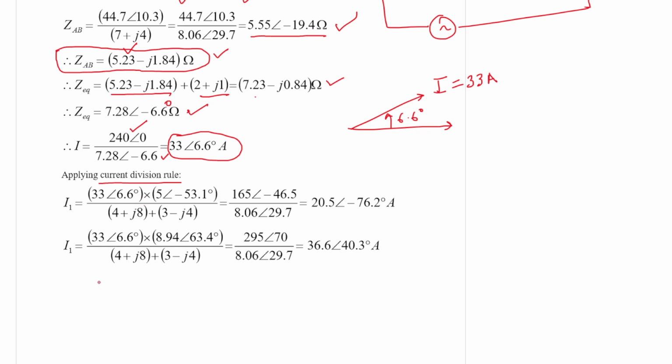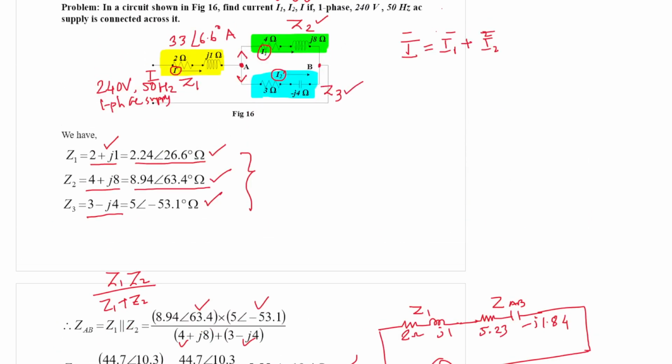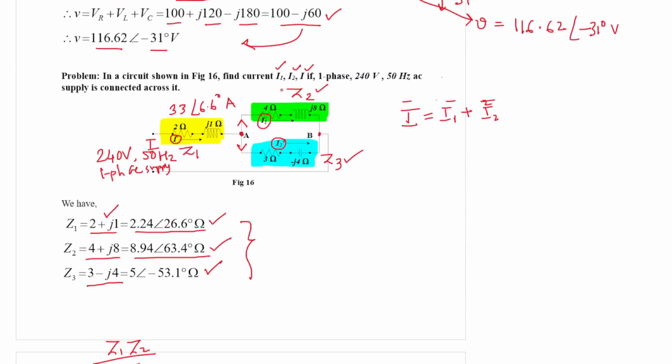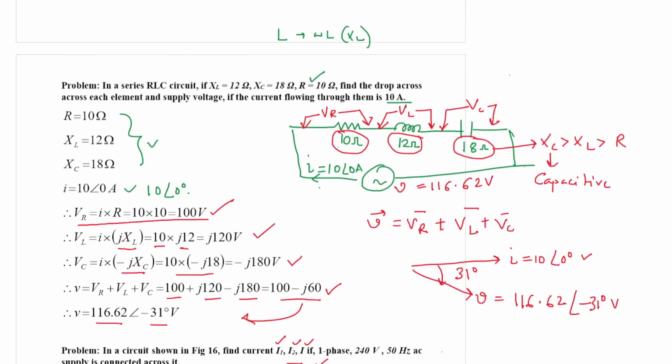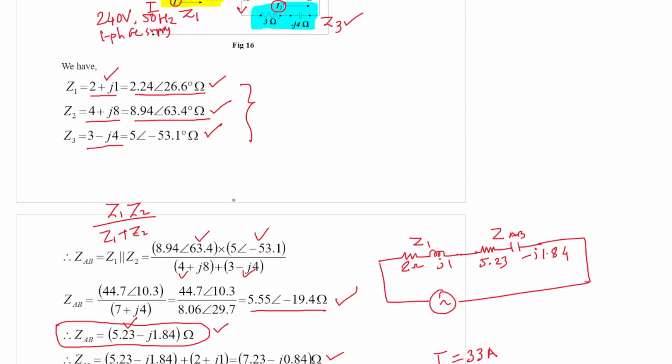So what is the rule? You see we are evaluating I1, so let us see the formula. In the numerator it is the 33 ampere, that is the total current, into the impedance of the other branch. That means I1 is flowing through Z2, so in the numerator I must write Z3. What is Z3? Z3 is 5 at an angle 53.1.